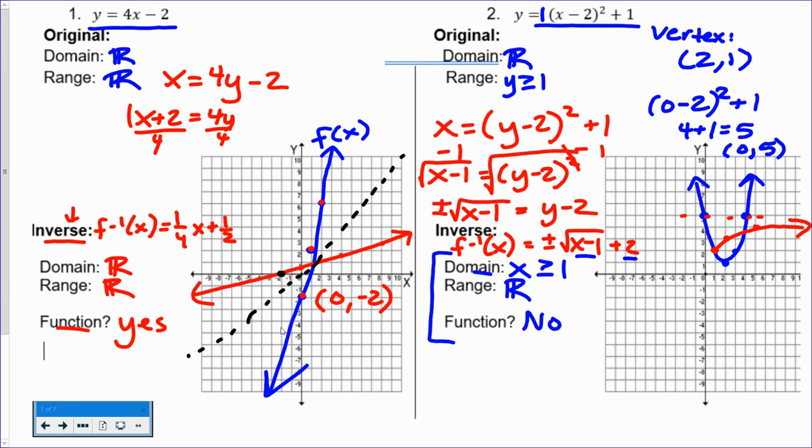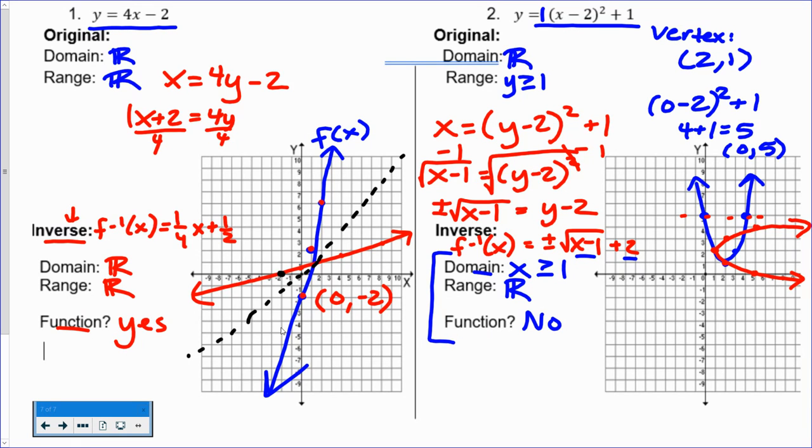There is a minus, so we will have to do the other side. So I really just have a parabola on its side. Okay, so that sideways parabola is not a function. We know that from looking at the inverse graph because it wouldn't pass the vertical line test. And I know it by looking at the original function's graph because it doesn't pass the horizontal line test.